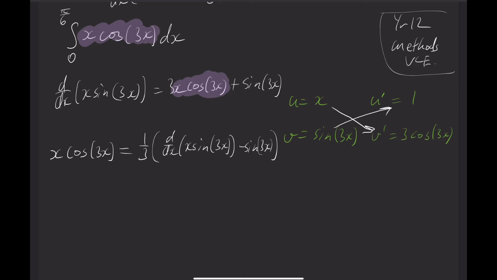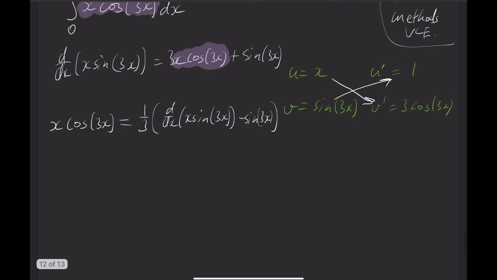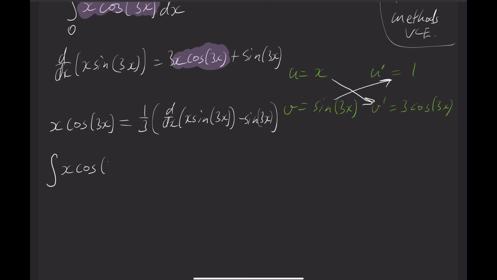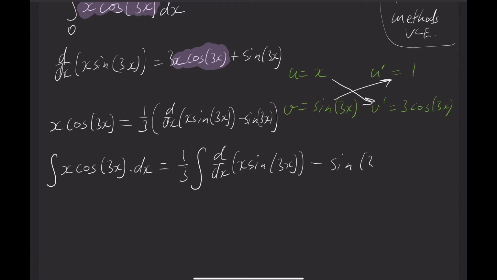Okay. Now let's look at the indefinite integral. Okay, so what is our indefinite integral here? So if I take this, let's do it with a pen, I'll have the indefinite integral of x cos 3x, and that's going to be equal to 1/3 times the integral of d/dx of x sine 3x minus sine 3x dx.